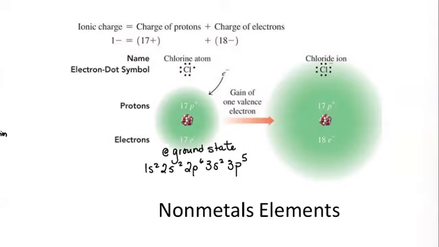So when chlorine accepts that valence electron, its 3p orbital gets full. Now as you can see, the seven electrons that are here are in level 3.